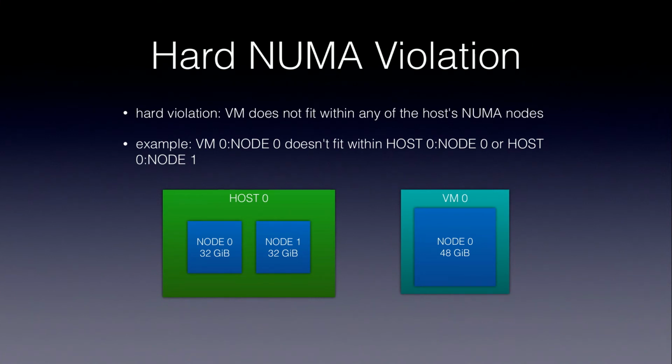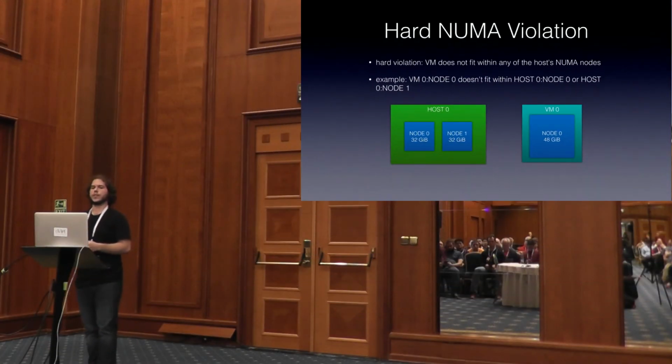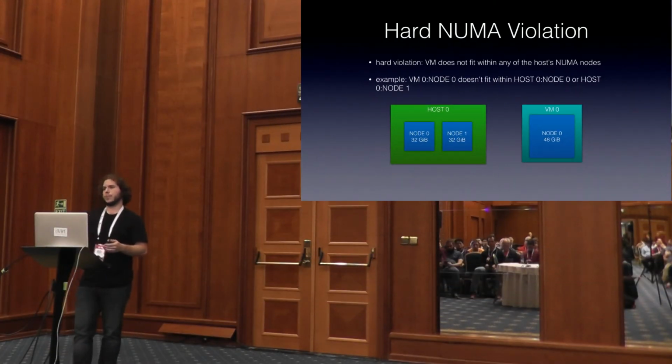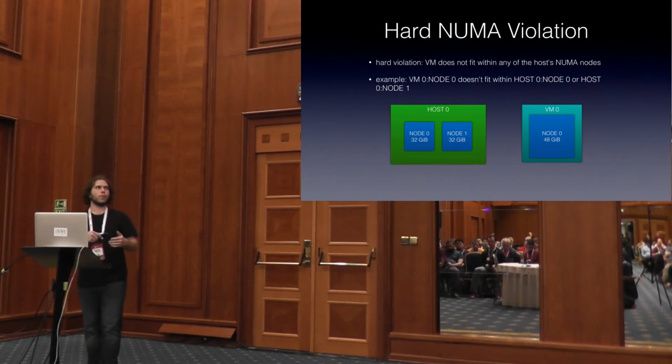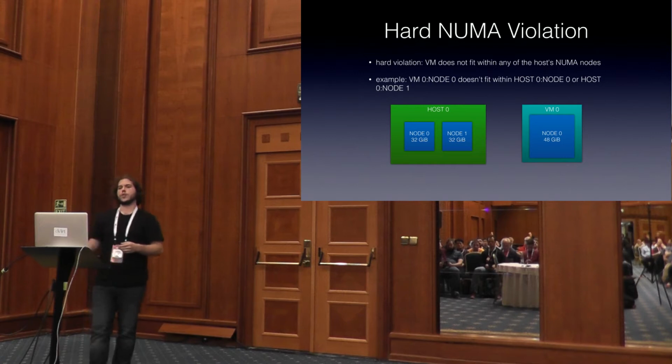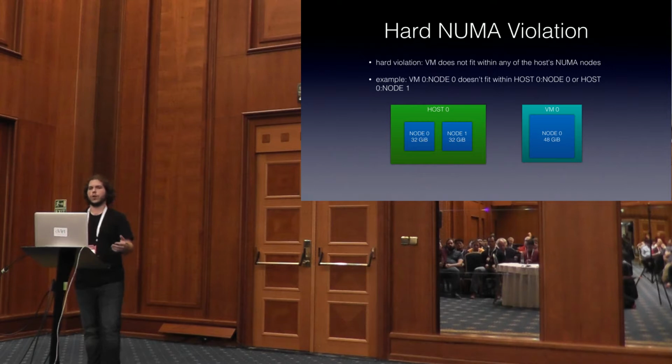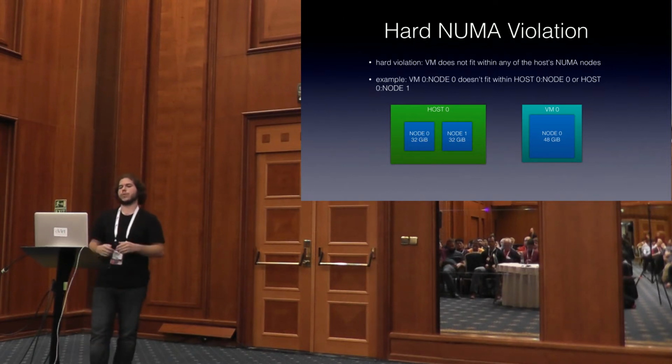On the other hand, we have a hard NUMA violation, and that is when the VM's NUMA node simply exceeds all of the NUMA nodes on the host. So it's not possible to fit the VM onto the host without somehow splitting the node in two, for example.